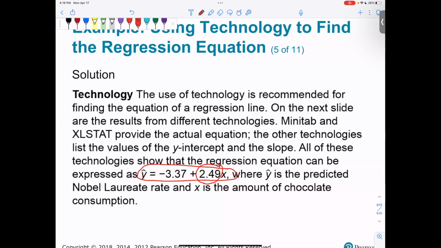As x increases by 1 unit, y will increase by 2.49. Okay?